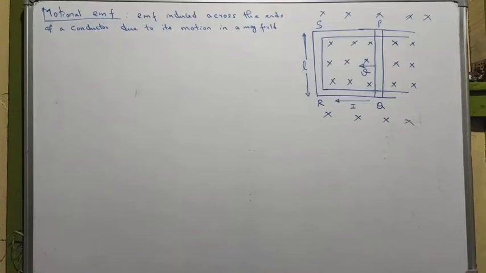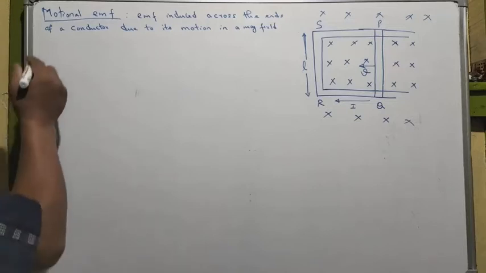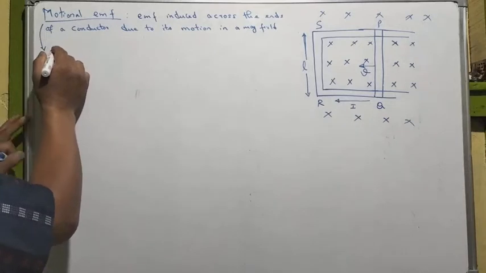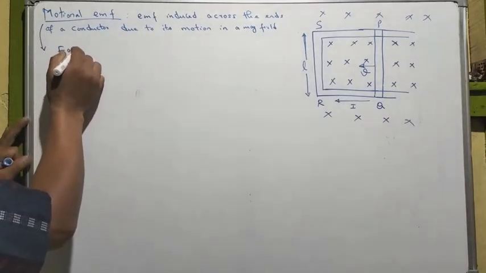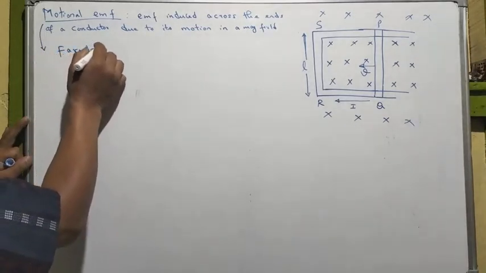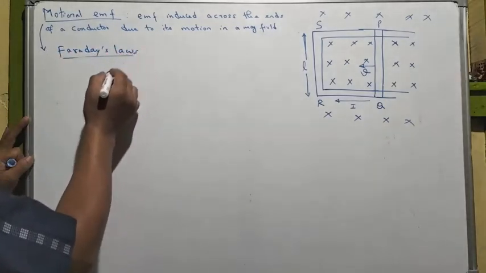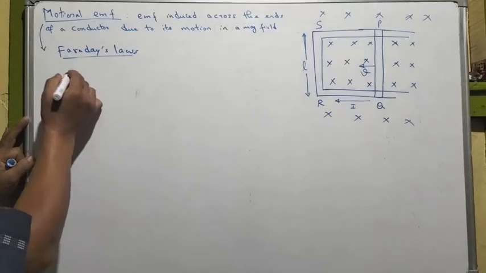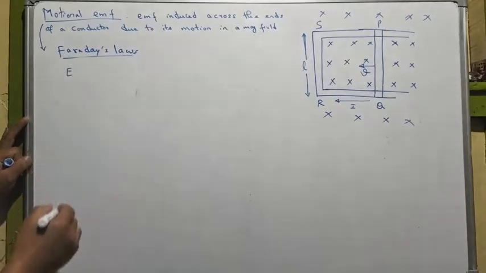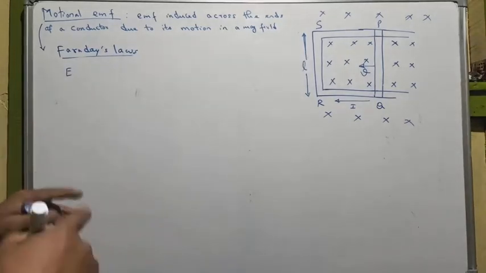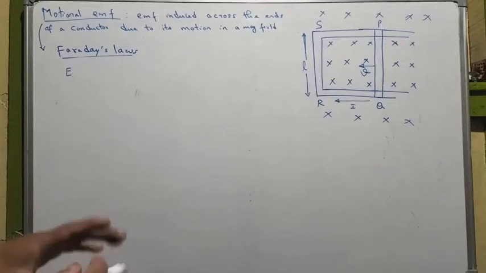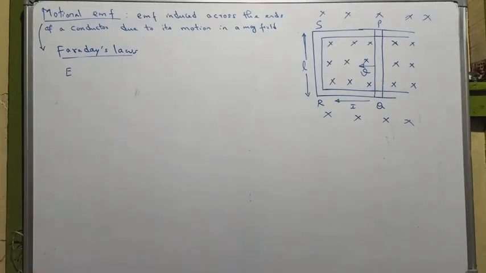So, let us discuss this motional EMF from Faraday's laws. If you remember, Faraday says that an EMF will be induced in a coil or in a conductor as long as there is a change in the magnetic field that is linked with the coil or conductor.